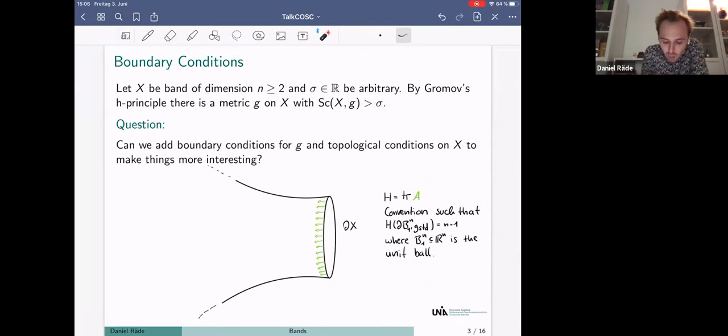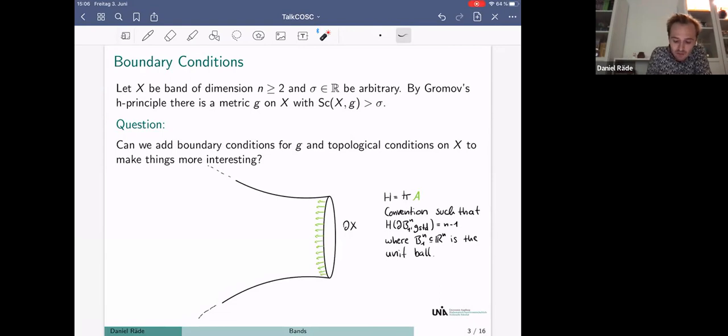On an open manifold, there's an h-principle of Gromov, and it says that for any lower sectional curvature bound that you want, you can find a metric which has that. And if you have a manifold with boundary, you add a little bit of an open collar, find such a metric there, and then you restrict it. And then you find a metric with any lower scalar curvature bound on your band.